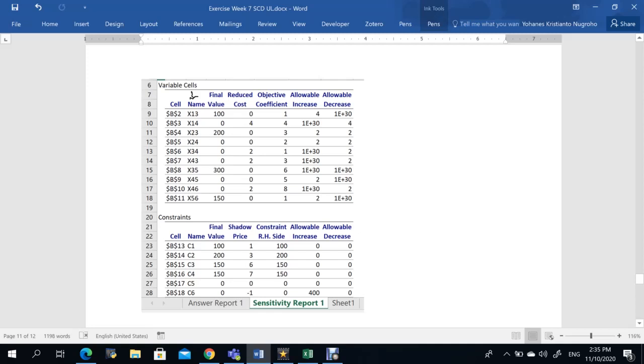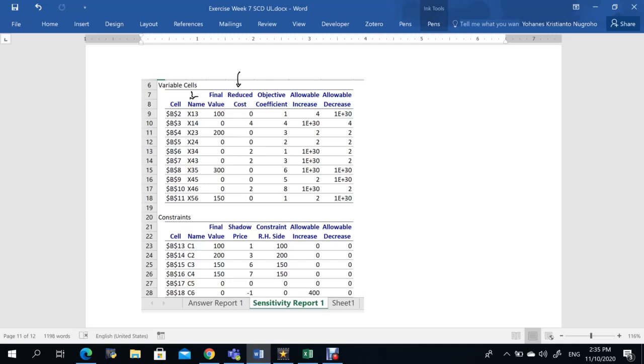And reduced cost here is how much we can change the value of the coefficient in our objective function. For X13, for instance, we are not allowed to change the coefficient at all, and therefore the value is 0, meaning that we cannot increase or decrease the transportation cost.